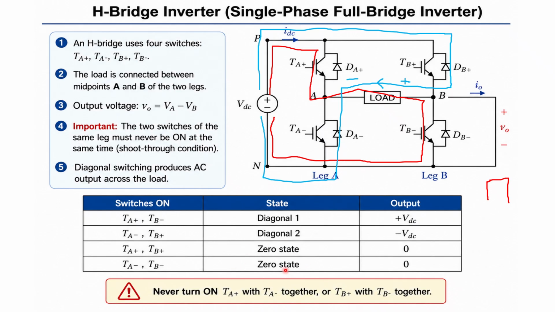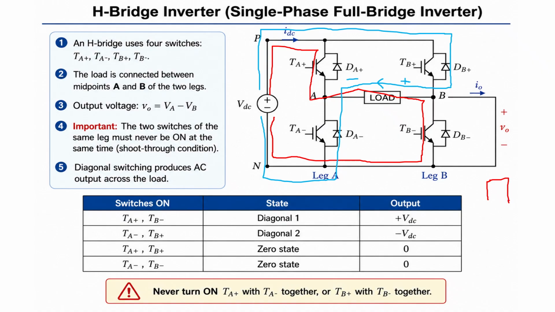For an H-bridge inverter to work, diagonal switches should be turned on together. Thus the H-bridge inverter produces three possible output voltages: plus VDC, minus VDC, and the zero state.